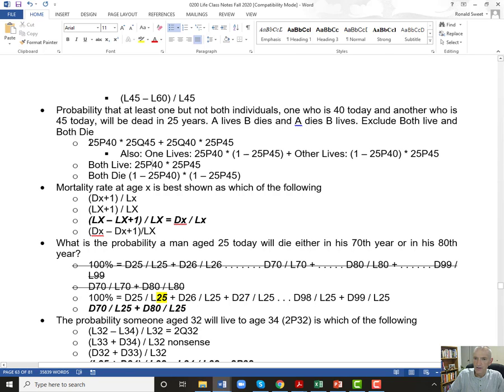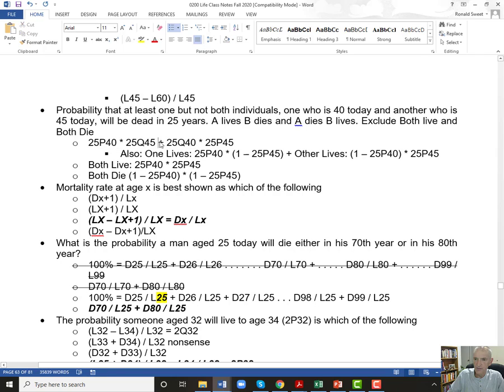Or, you can take 1 lives times 1 dies, right? And 1 dies times 1 lives. You can take these two, so 25P40 times 25Q45. That's the probability that the first one lives and the second one dies. Here's the first one dies, the second one lives. You add them.